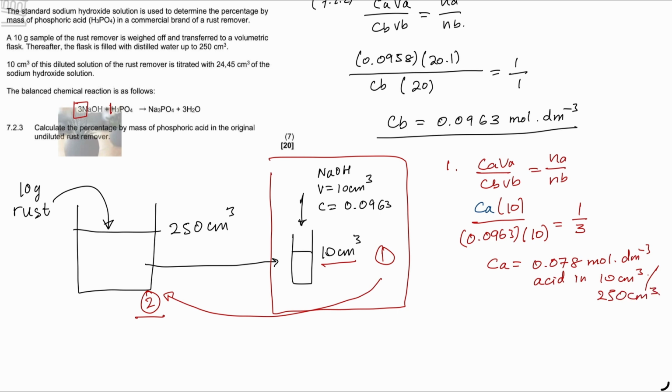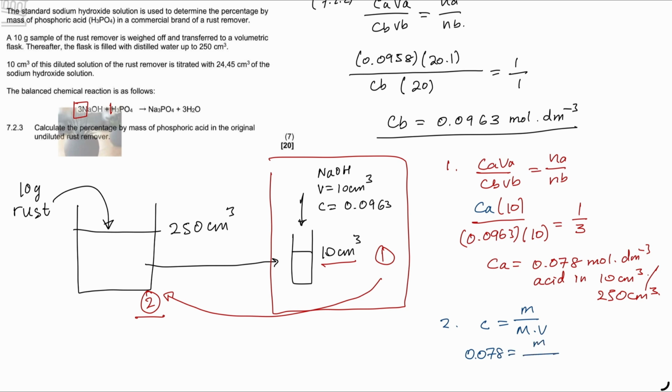Now since we know that, we can then calculate the actual mass of the acid in the 250. So we can use the formula. This is now part 2. Concentration is equal to mass divided by molar mass times volume. The acid has a concentration of 0.078. The mass is what we want.